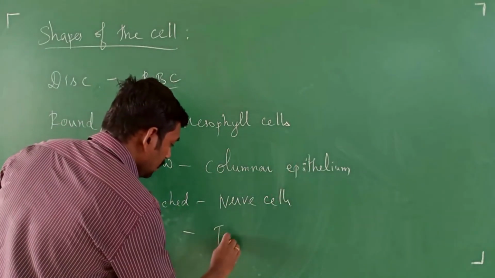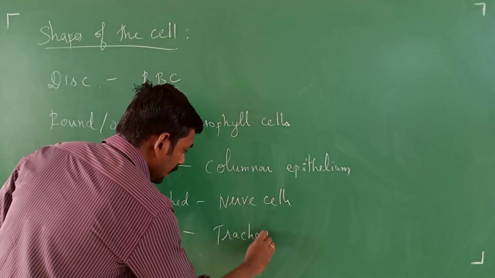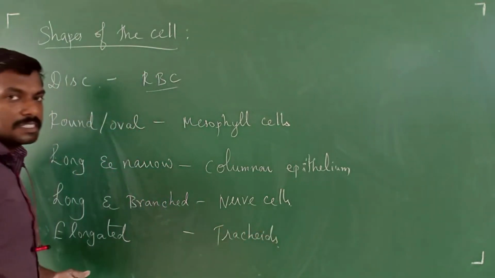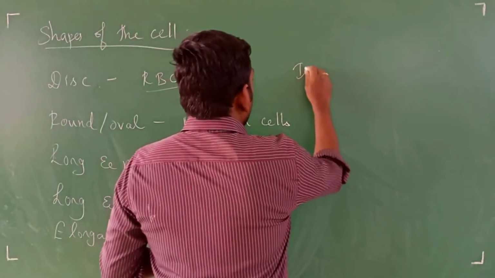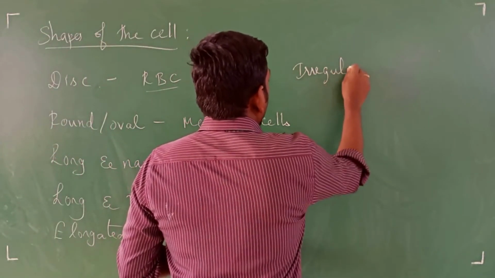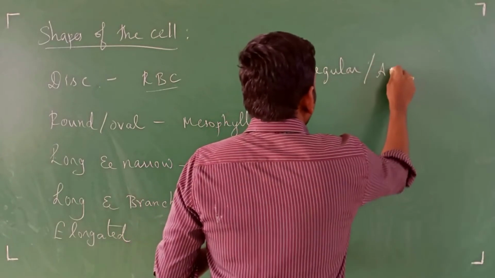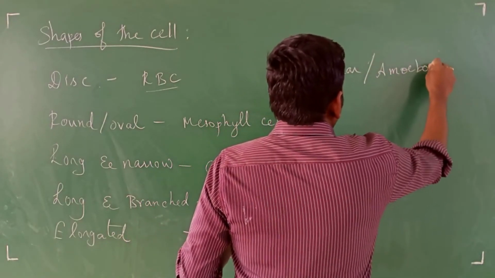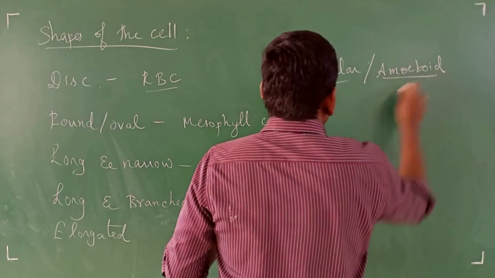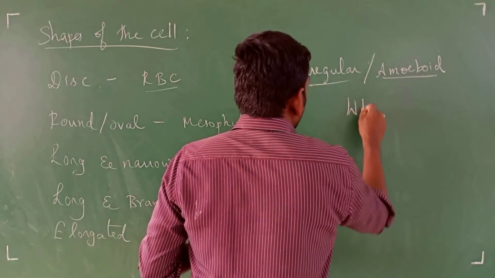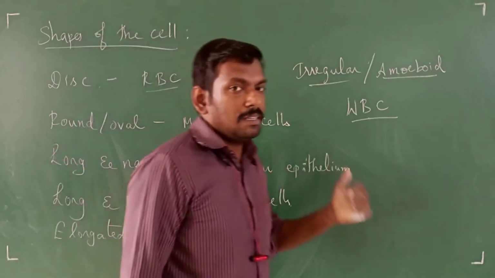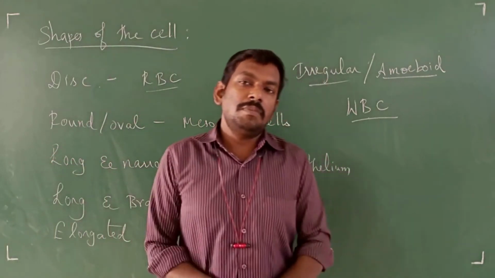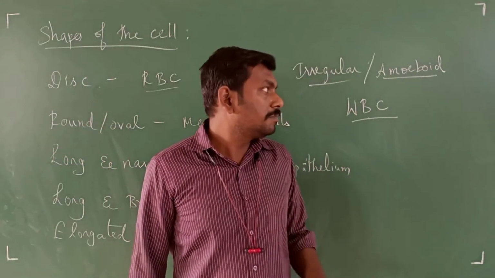Elongated you will be having in case of the tracheids, which you might have seen in the vascular system. Then you will be having the irregular, also called the amoeboid shape, as in amoeba and WBC, the white blood cells or white blood corpuscles.